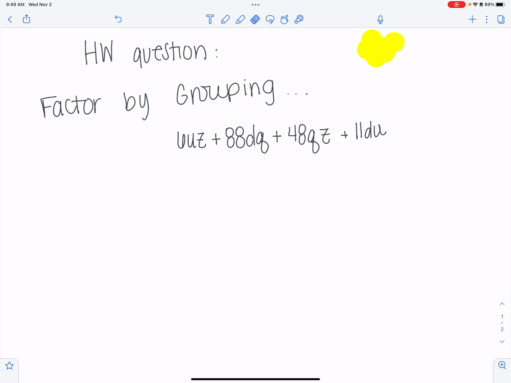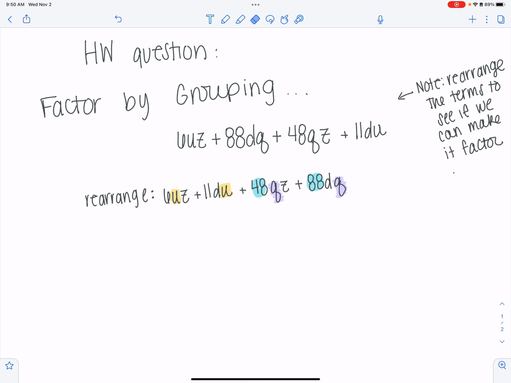So when you start this, if it's something that looks really weird in terms of it has multiple variables, multiple numbers, all I did was I said, well, what letters look like they have something in common? And so these first term and the last term both have a U, and these middle terms both have a Q. And so that's why I rearranged it to get this.